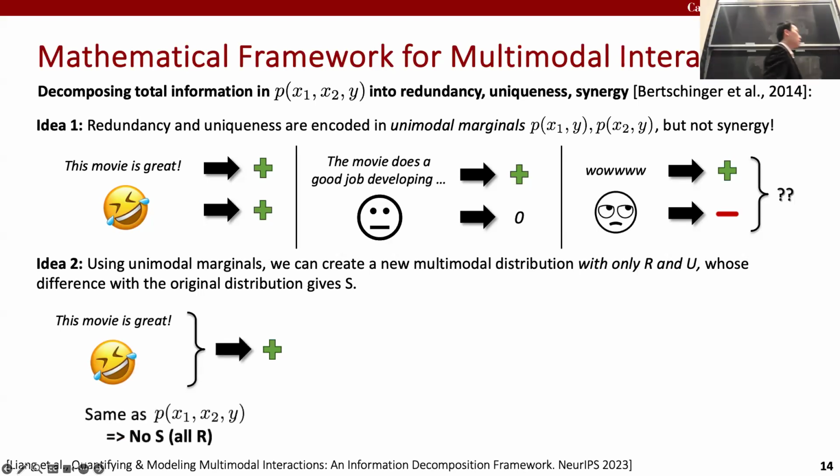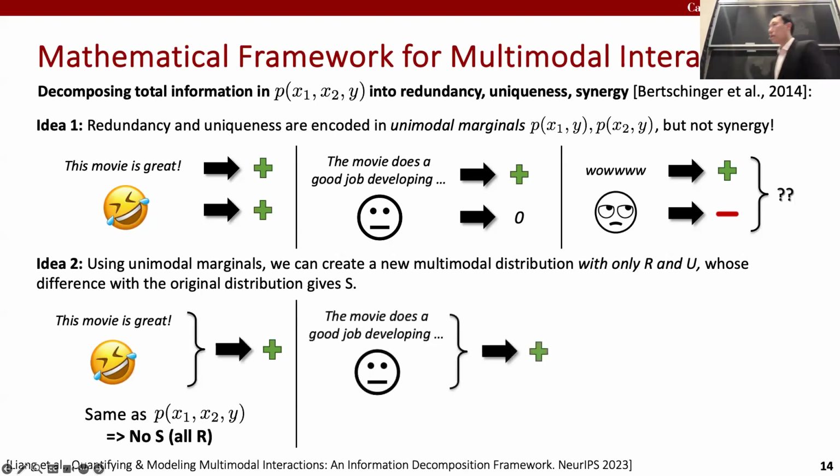And because that's the same as the original distribution that you started with, that means all of the redundancy contributed to the information, and there's no synergy in your data. In the second example, you saw that x1 was positive, x2 was neutral. You created a multimodal distribution where given x1 and x2 it is positive. And because that's the same distribution as what you started with, that means all uniqueness contributed to the information, and there was no synergy in your data.